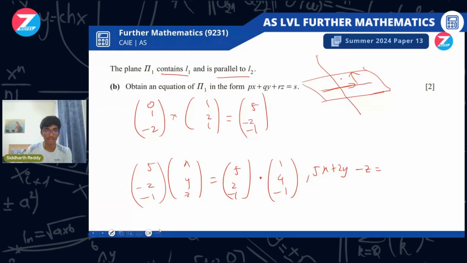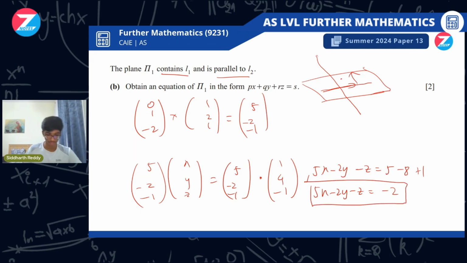So we have 5x minus 2y minus z is equal to 5 minus 8 plus 1. 5x minus 2y minus z is equal to minus 3 plus 1, which is minus 2. So this is the equation of pi 1.